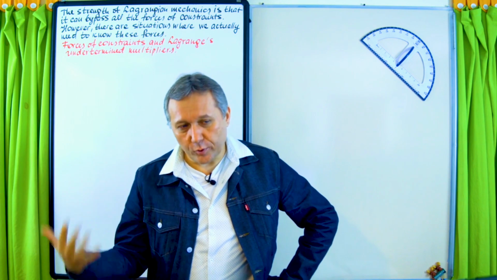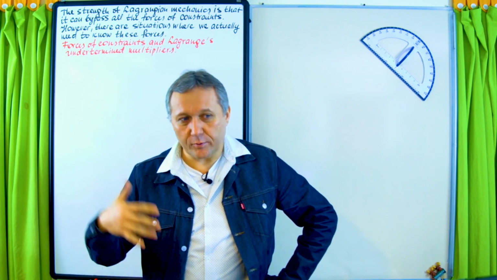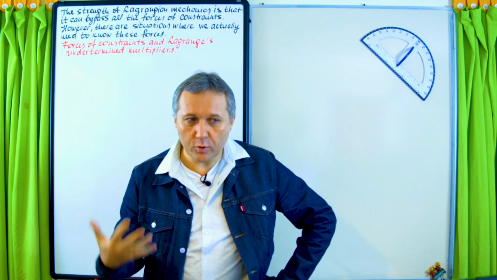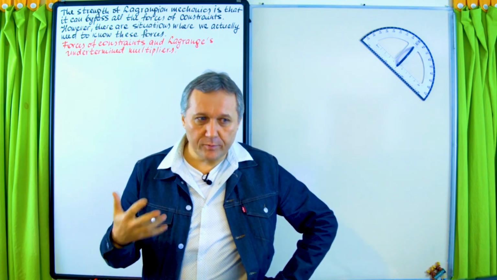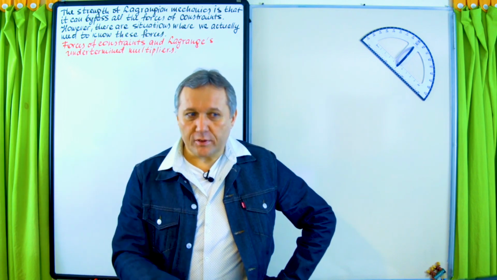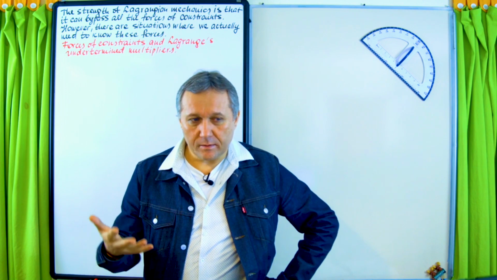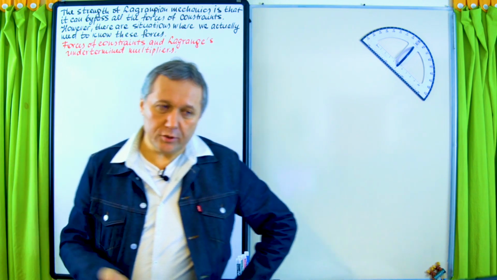From one point of view, if you're not interested in them, it's great. But from the other side, if you want to have some information about those forces of constraints, then of course that method is not good. In that method, that information is lost.